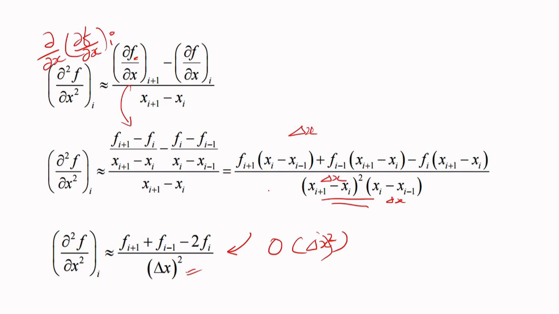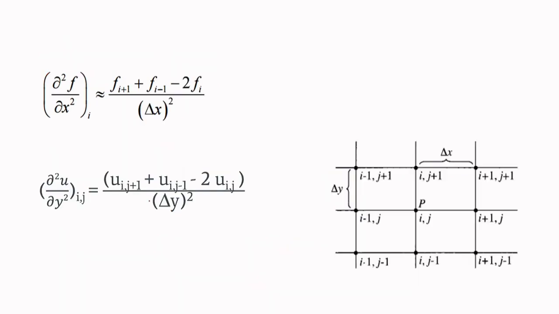In the previous slide, we just ignored the order of delta x. Here, for a second order, we will be neglecting the orders of delta x the whole square. So in our problem, it was for y actually. What we have found is for x.